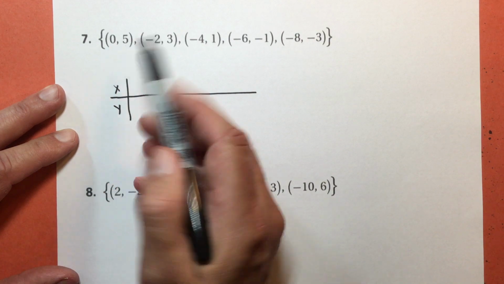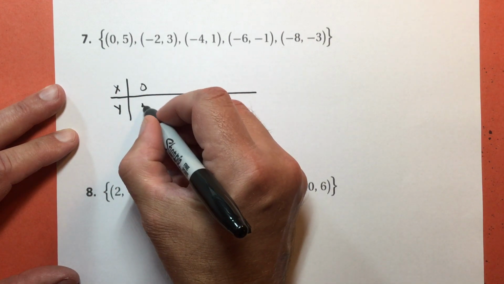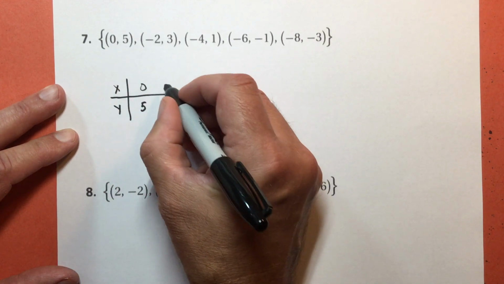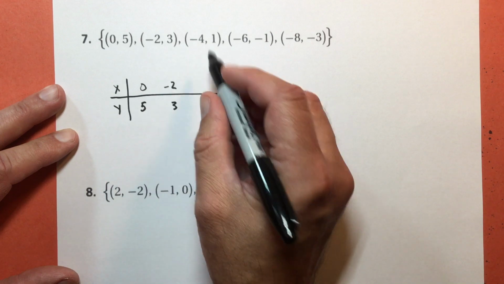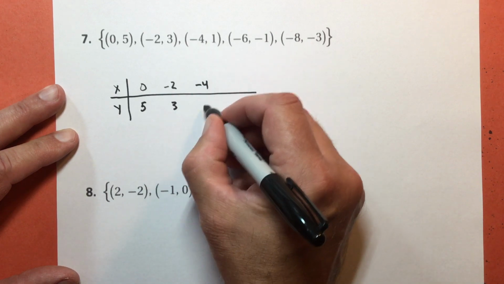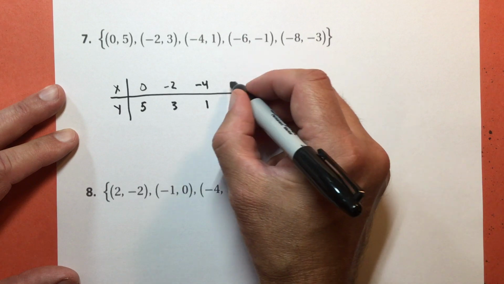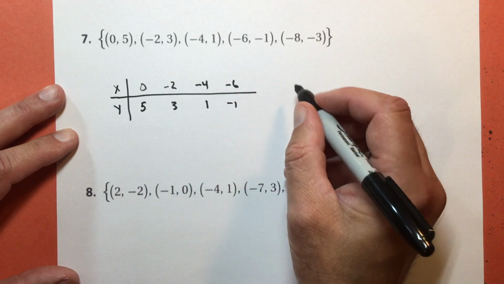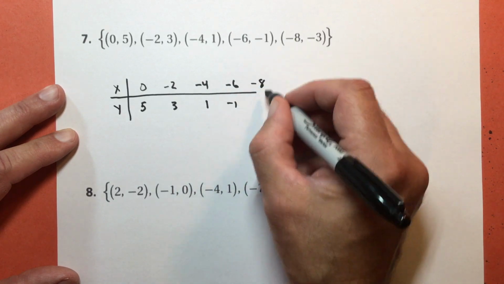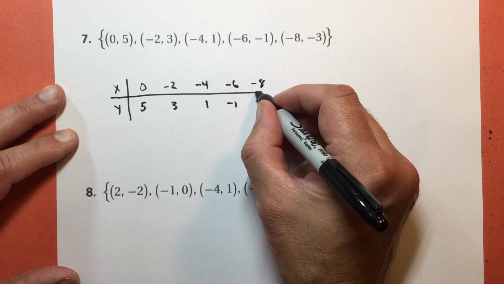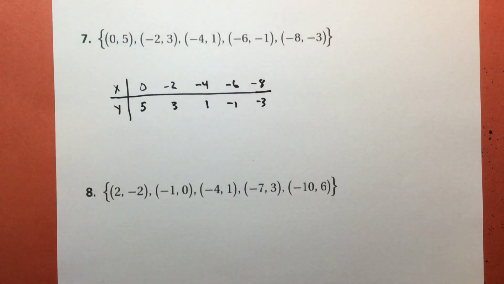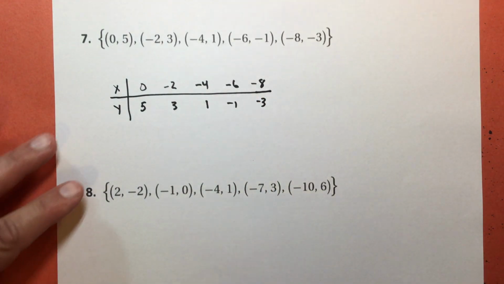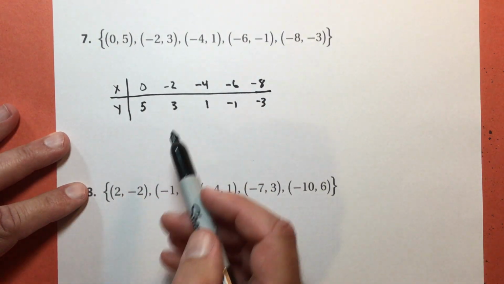So my first one is 0, 5, -2, 3, -4, 1, -6, -1, and -8, -3. Extend that out just a little bit more and make it pretty. Okay, so I can convert to a table.